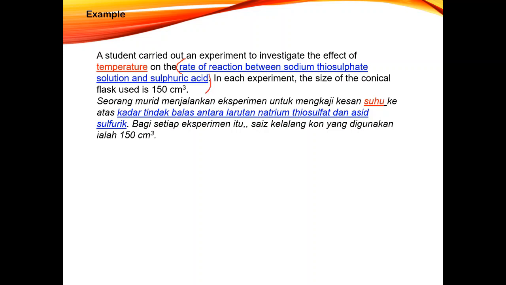Remember, the temperature is the manipulated variable, and the rate of reaction is the responding variable. Easy, means you can identify the two variables from the statement or from the question that is given.